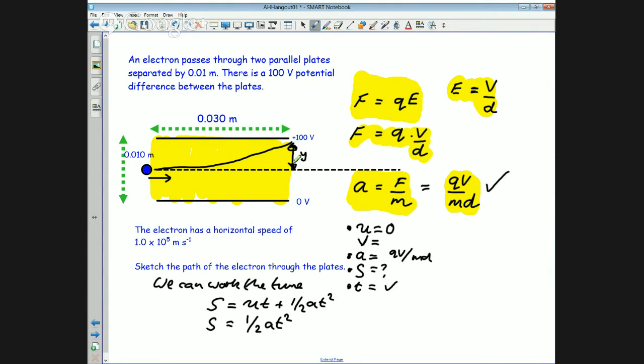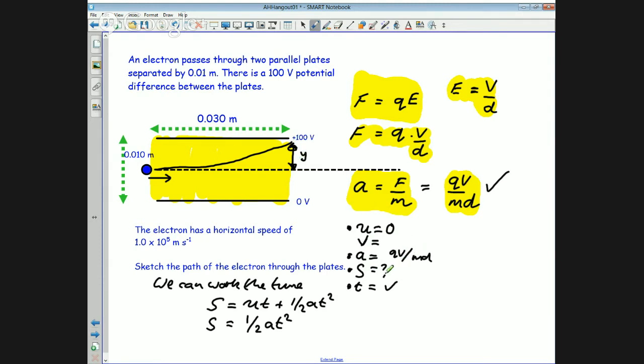So we've got an expression for the acceleration. To find the vertical displacement, we have to use the SUVAT equations. We haven't got the initial vertical velocity, sorry, it's going to be 0 as it comes in. We don't know anything about the final vertical velocity here. We do know the acceleration because we've worked out an expression for it.